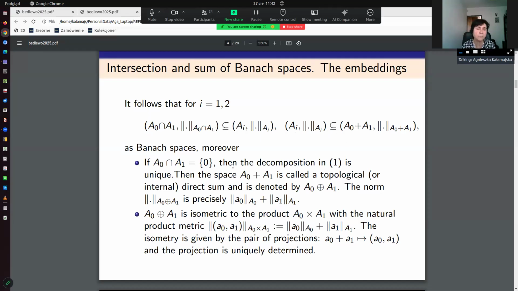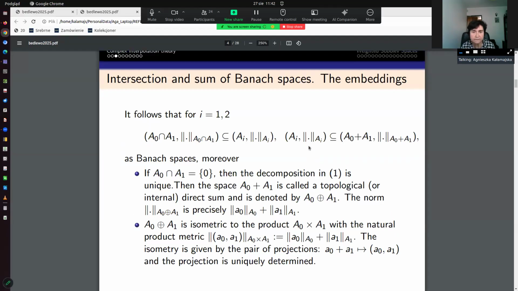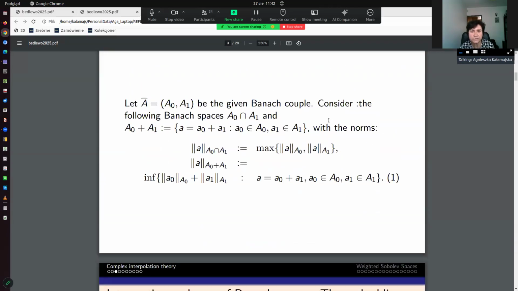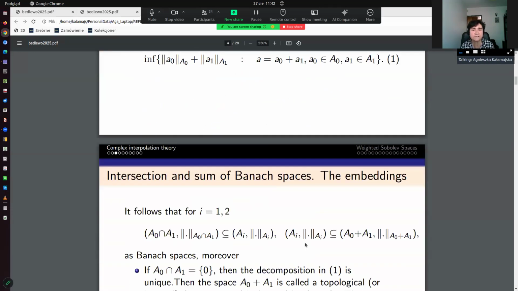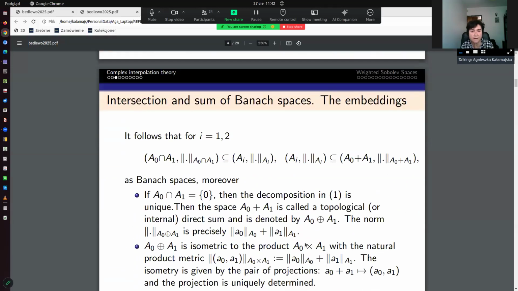And we can say even more. If the intersection of these spaces is 0, so I say they are both in a topological space, so we can speak about their intersections because they are somewhere in a larger set. If it appears that this intersection is 0, then the decomposition which we had, let me come back, that decomposition here, is unique. So it means there is only one a0 and a1 such that a is a0 plus a1.